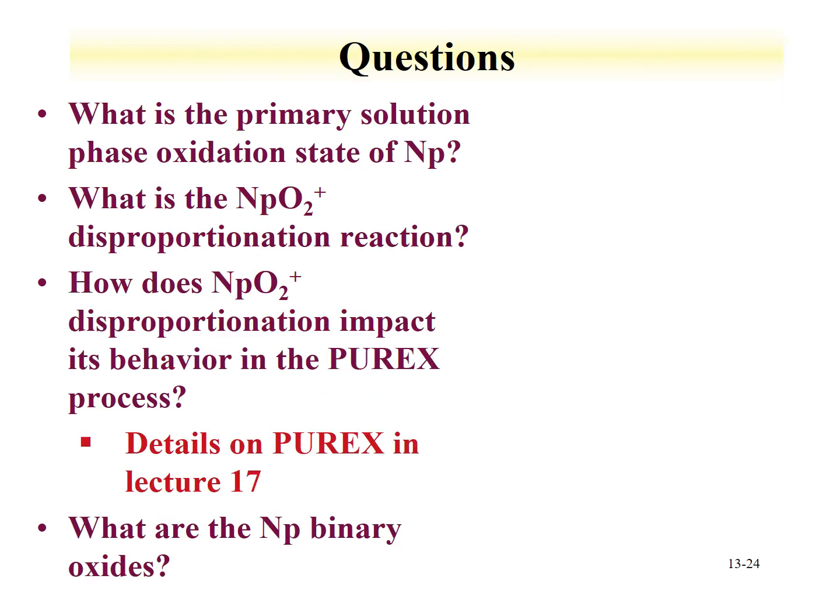Some of the questions you should be able to answer based on this lecture are listed here. What's the primary solution phase oxidation state of neptunium? Neptunium is pentavalent, +5. But that compound is the dioxide, neptunyl, as shown here. What is the neptunyl disproportionation reaction, the Neptunium-5?